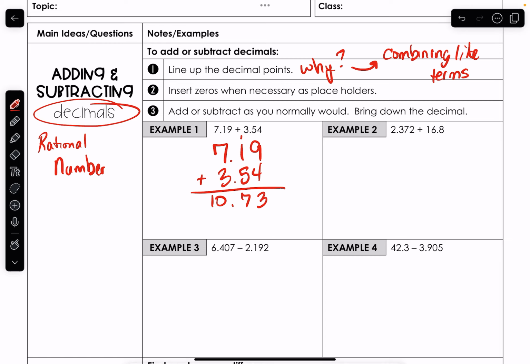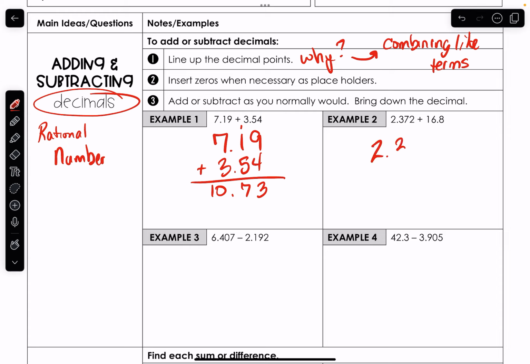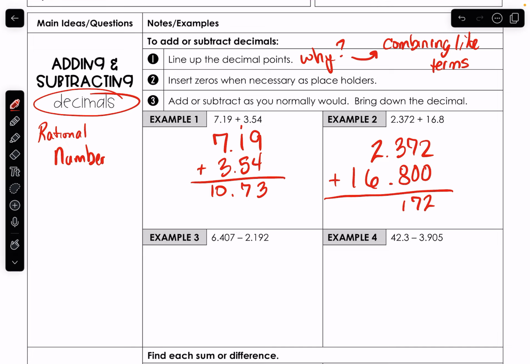So if I'm doing this problem, it's 2 and 372 thousandths plus 16 and 8 tenths. I can really rewrite 16 and 8 tenths as 16 and 800 thousandths. And then I go ahead and add them up. 2, 7, 3 plus 8 is 11, carry the 1, 19, no grouping, so 19 and 172 thousandths.